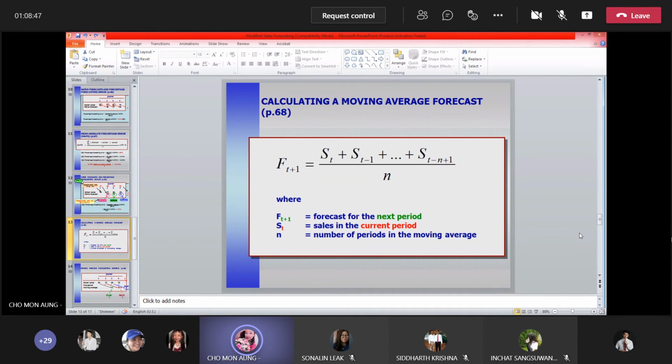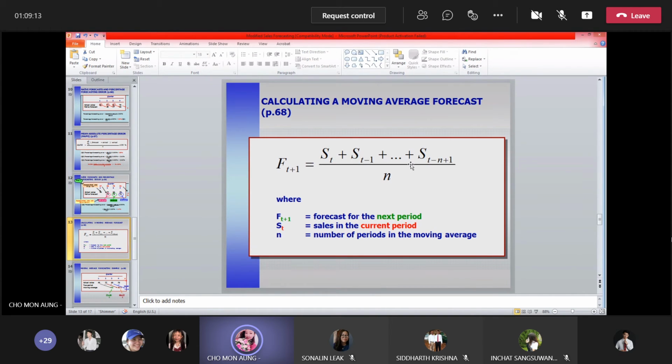In this case, we can use another method, that is moving averages. When we use moving averages, we find the average of the past sales, and that will become the forecast. How many periods to average depends on how much sales data you have.